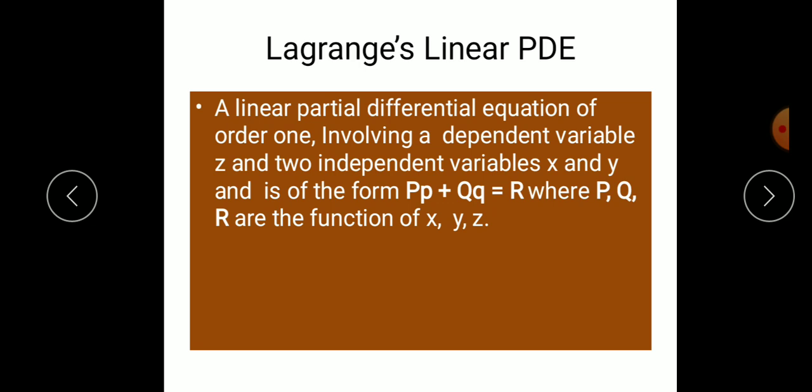So this kind of partial differential equation may be derived by the method of grouping or method of multipliers.